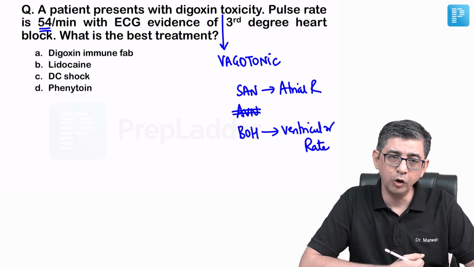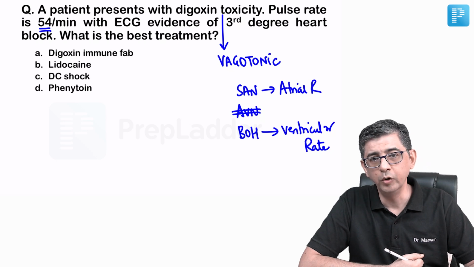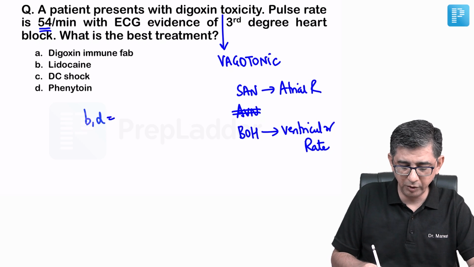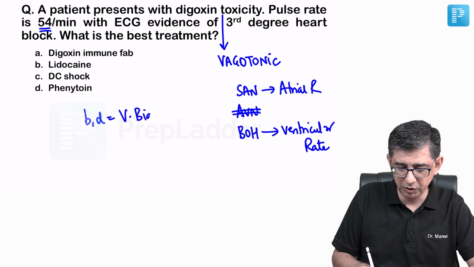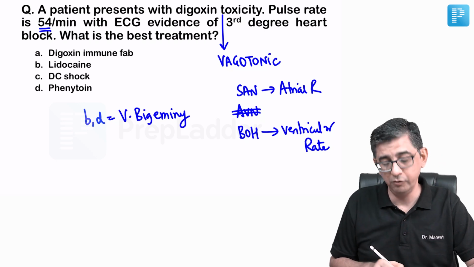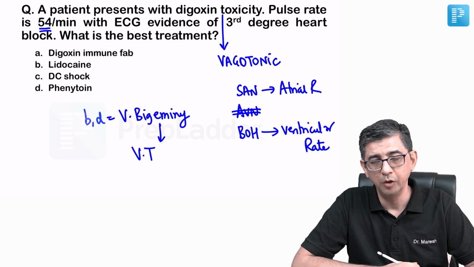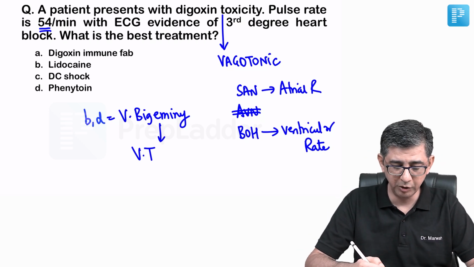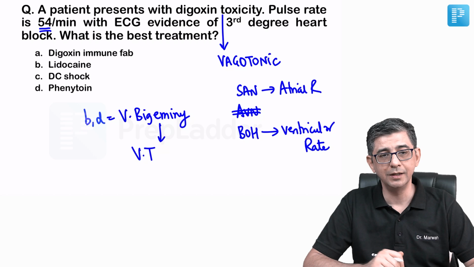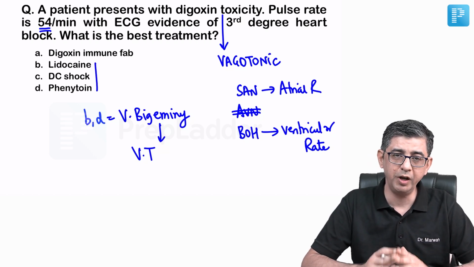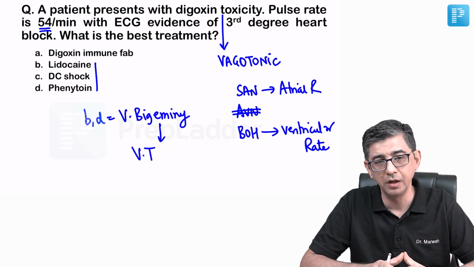If we look at options B and D, lidocaine and phenytoin, both of them are useful for management of ventricular bigeminy, which is one of the commonest tachyarrhythmias that can be seen in these patients. And ventricular bigeminy can then degenerate into ventricular tachycardia. My point is that if you look at option B, D, and option C, all of them are basically designed for management of any tachyarrhythmia in a patient.